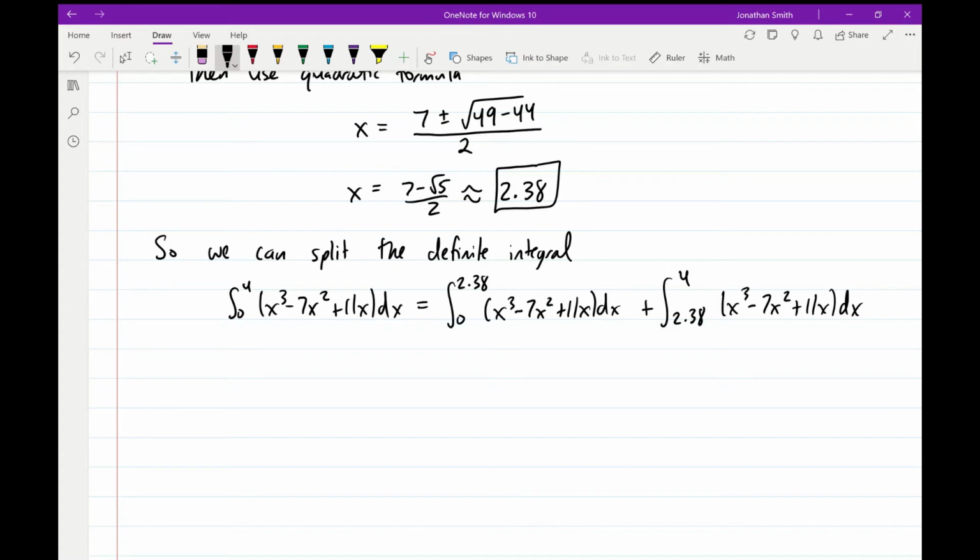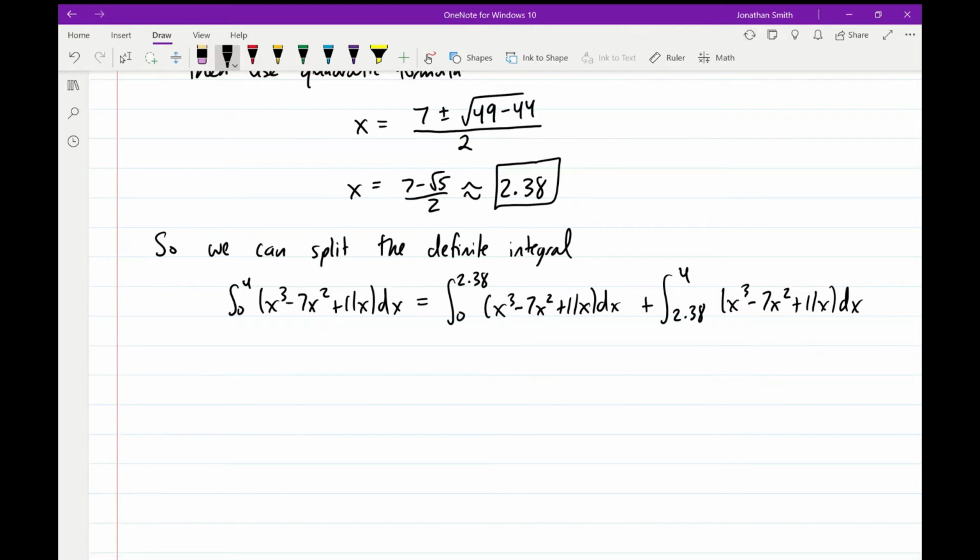So the reason that finding that point was so important is because it allows us to figure out when we're going to start counting the area as negative as opposed to positive.